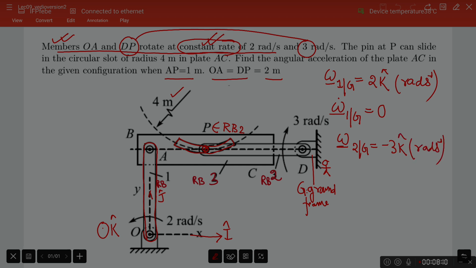I am writing it as minus because you see that the direction of omega 2g is shown to be clockwise. And using the same argument by which I concluded omega dot 1g to be 0, I am going to write omega 2 dot g to be 0.